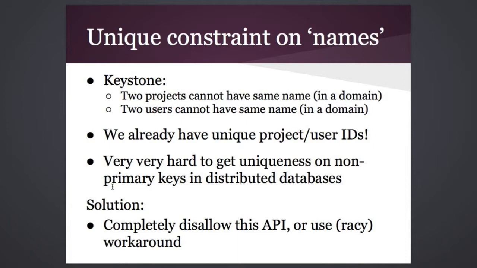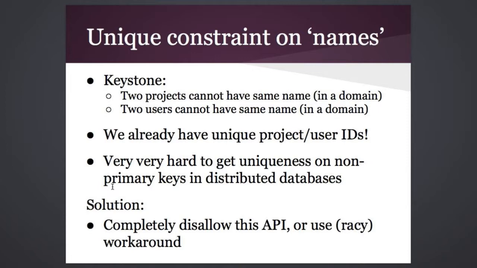Some of the issues which we faced: in Keystone, two projects cannot have the same name, and also two users cannot have the same name in one domain. What this basically means is there are two unique constraints for a user and for a project, since we already have a unique user ID or project ID associated with every user.